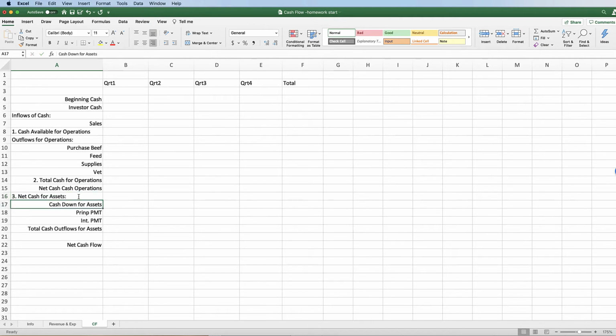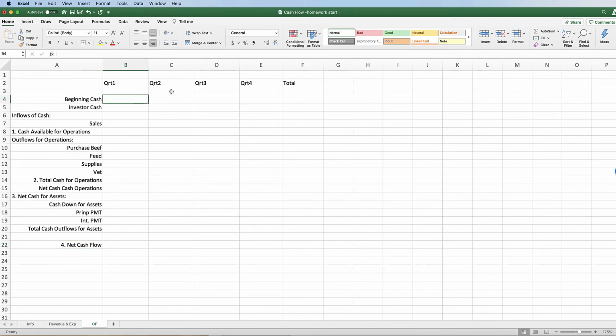And that's the down money that we need to buy the assets or the loan payments we've got to make. And then finally, number 4 is, so at the very end of here, you got net cash flow. And that's simply going to be what is available, so this whole first section here, minus what you've got to spend it on, minus what you've got to pay to get assets into your business, and then finally equals net cash flow.